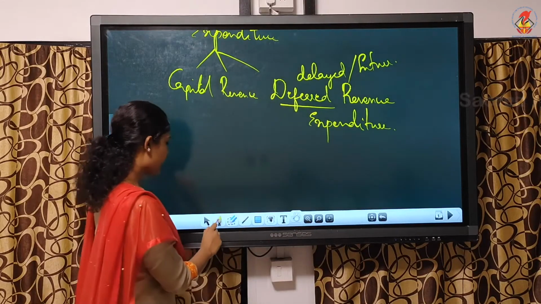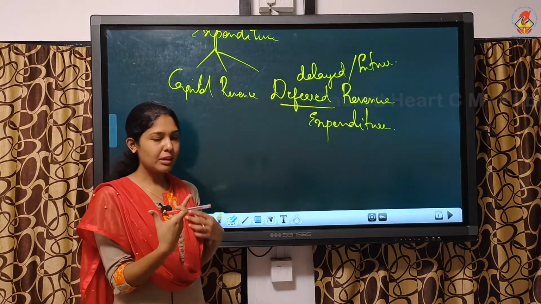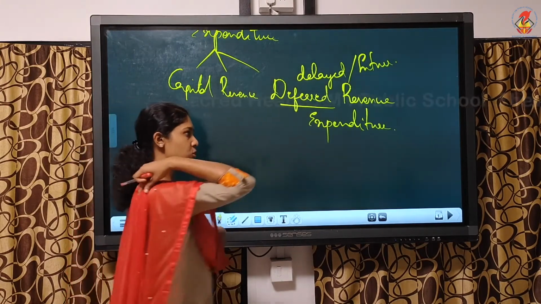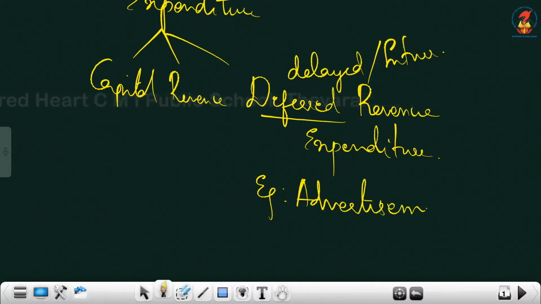So again there is the term revenue expenditure. So it is also a type of revenue expenditure, but it is delayed in nature. We will take one example and see. Advertisement expense is a deferred revenue expenditure.